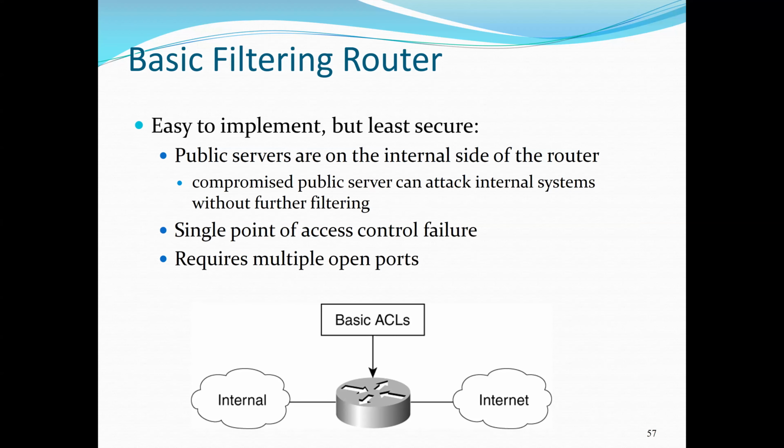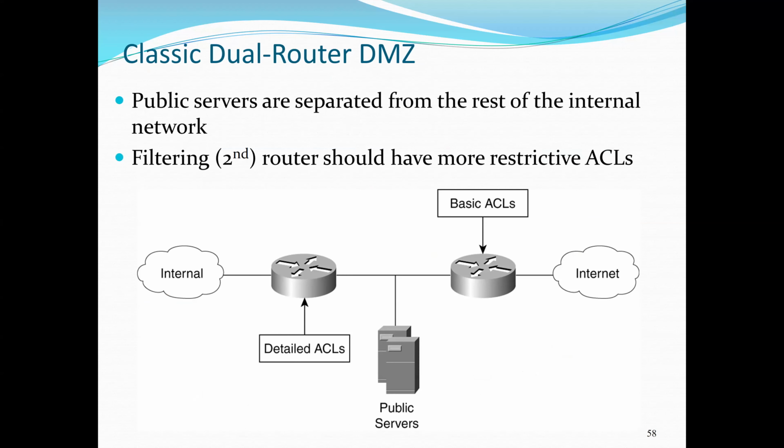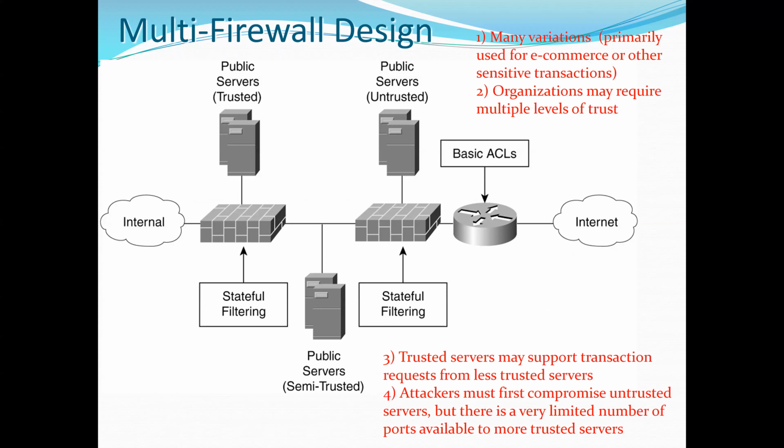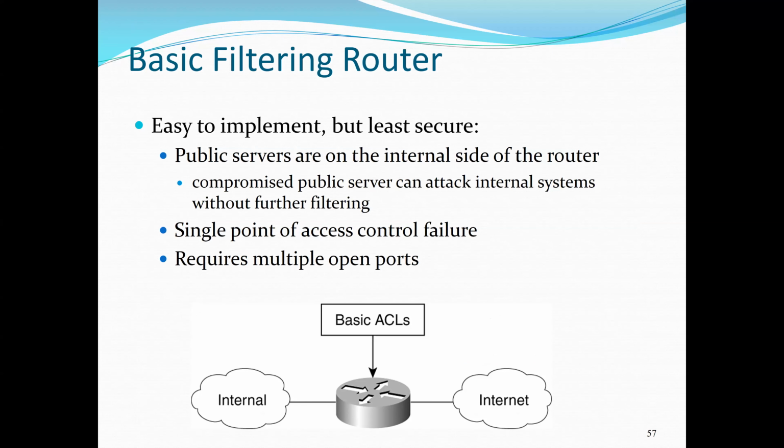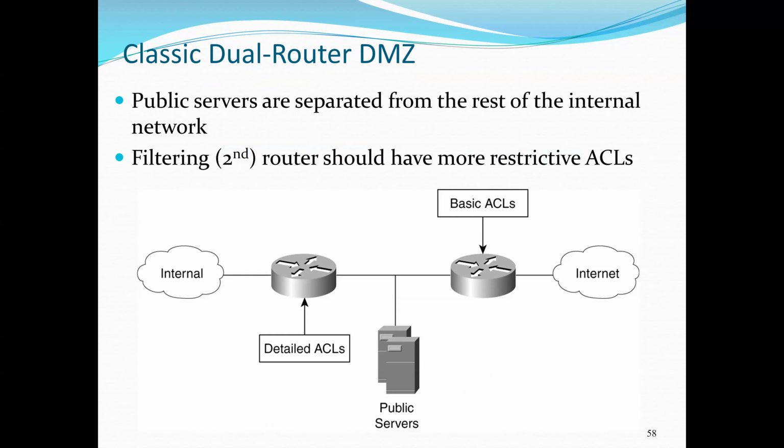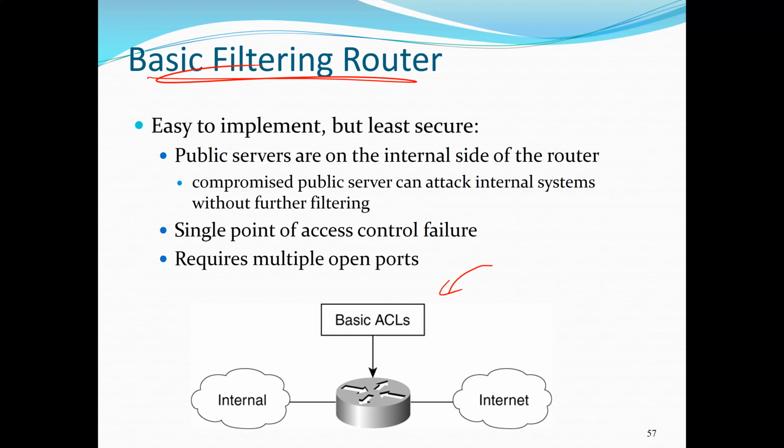Just some important concepts. The last part is I'm just going to talk a little bit more about firewalls. So you have different types of firewalls. I guess you have a basic filtering router. This is pretty much the configuration you have at home. Usually at home you have your ISP provider's router, and then this is your house, and then that's the internet.